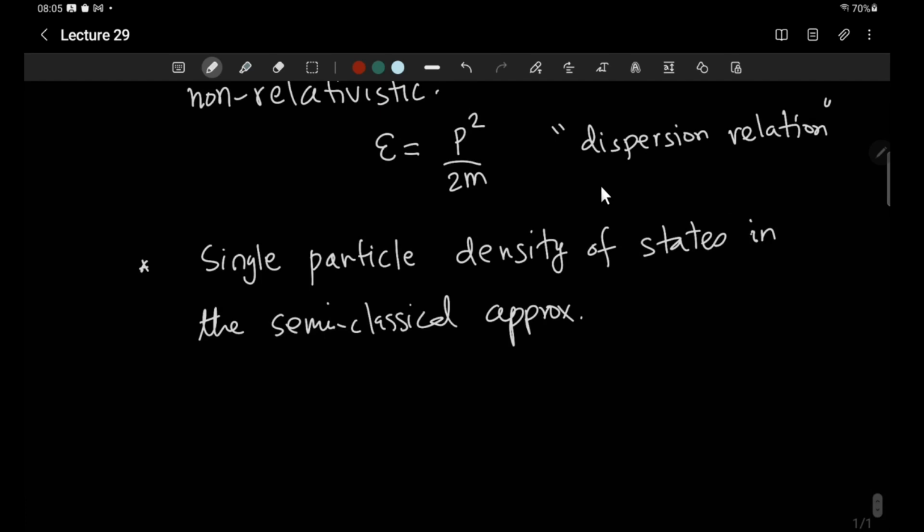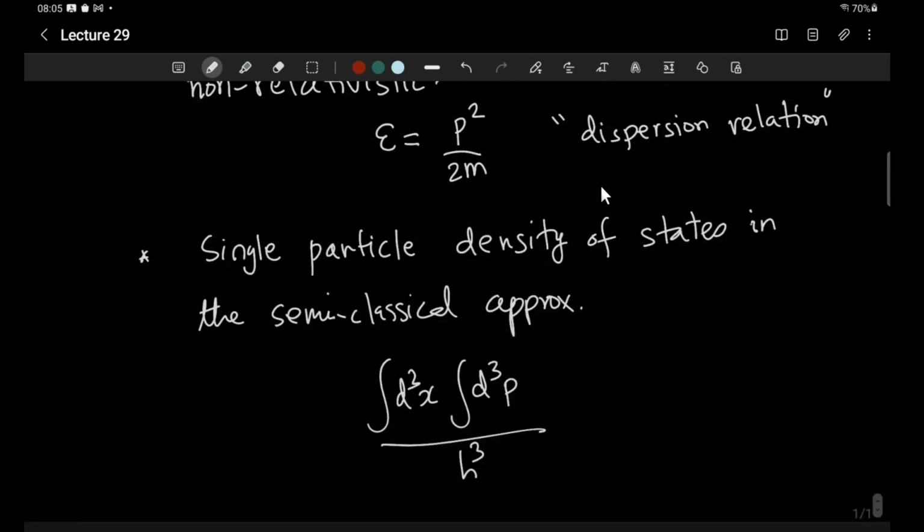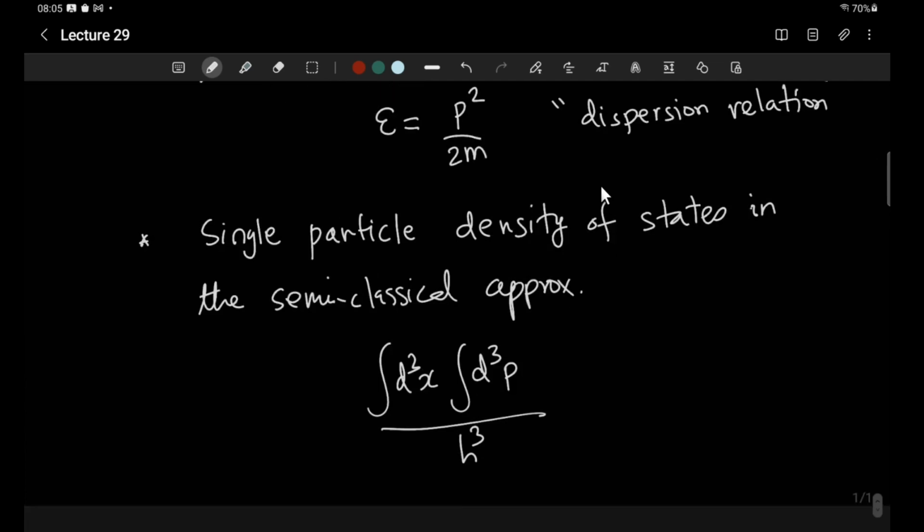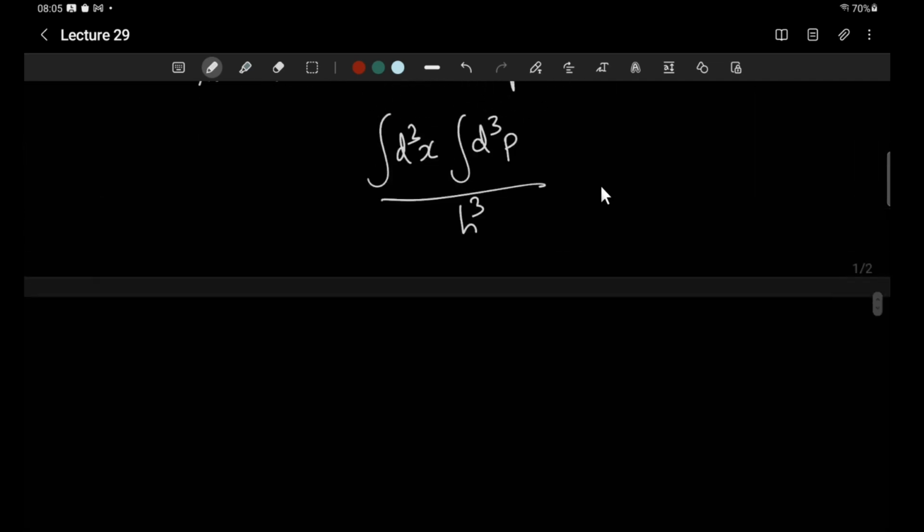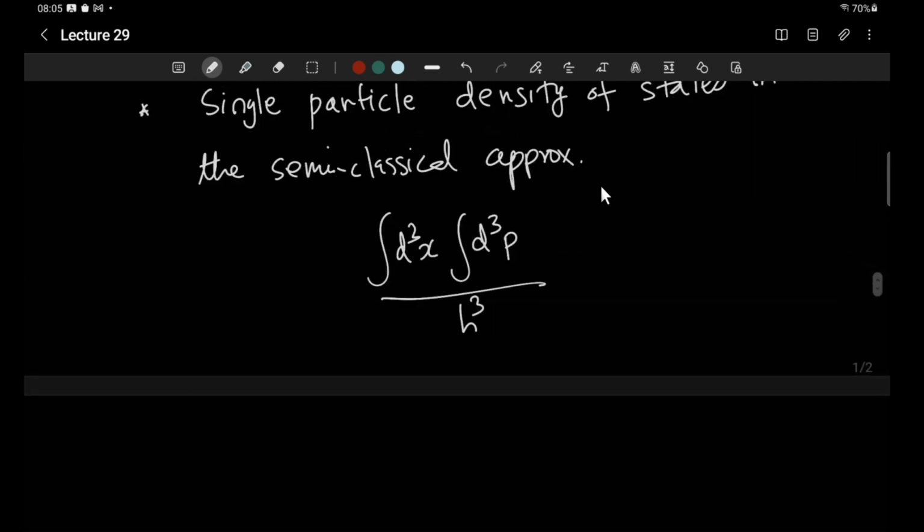It's just that we have to input the constraint that the energy is in a certain range, or the momentum is in a certain range. So we'll stick to momentum. We'll see in a moment why. So the x integration, what will it give?